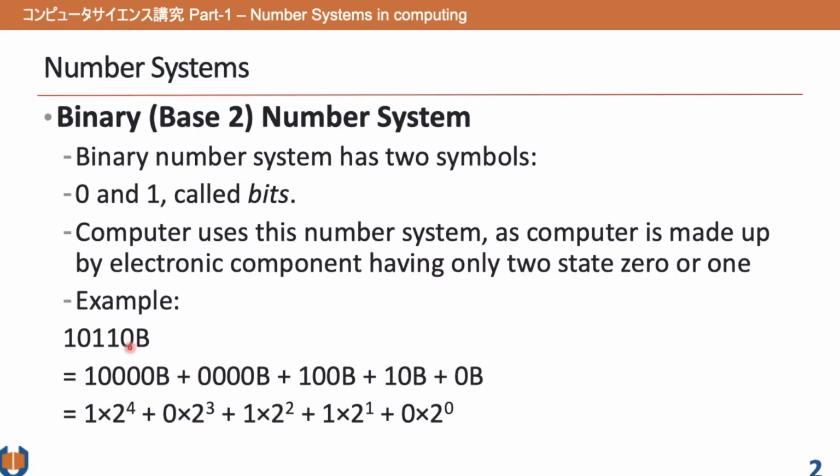So here the least significant bit is 0, so we multiply by 2 with the power 0, and then the second bit is 1, so we multiply 1 by 2 with the power of 1. Similarly, the power of 2 increases 1 by 1 until the end of the digits. This is the way binary represents numbers.